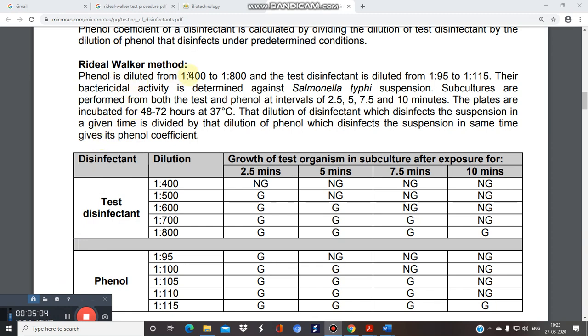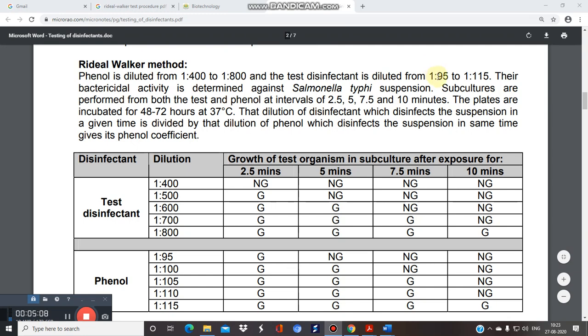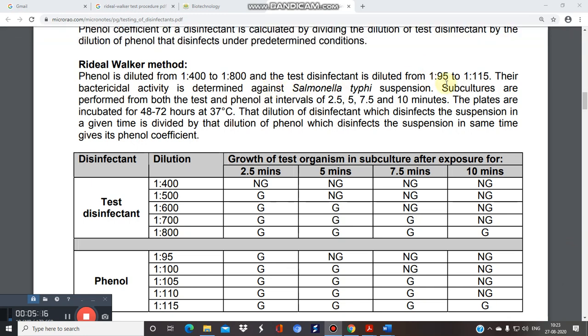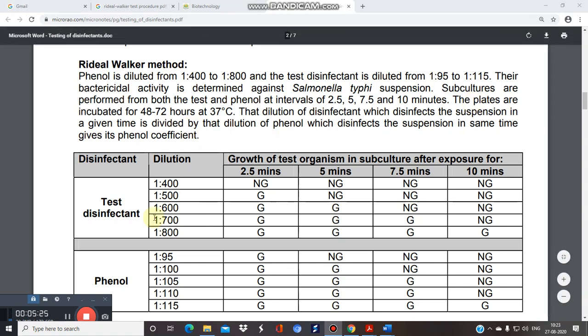So first of all, you will prepare a dilution of your standard and your test disinfectant, and you will calculate the bactericidal activity with this microorganism. Okay, and you will do the subculturing at different time intervals like 2.5, 5, 7.5 and 10 minutes.